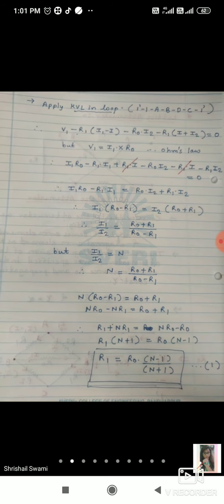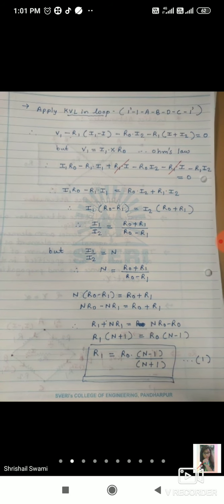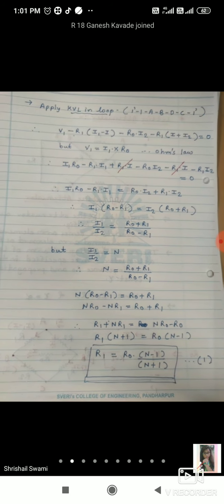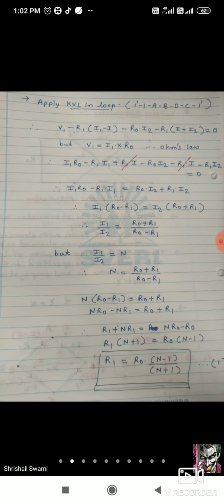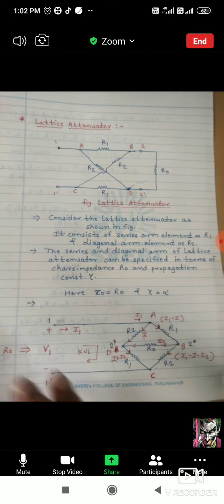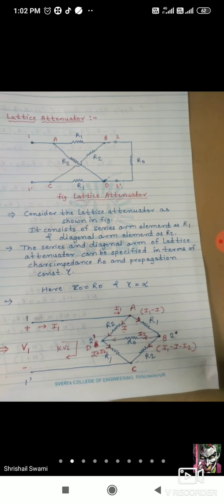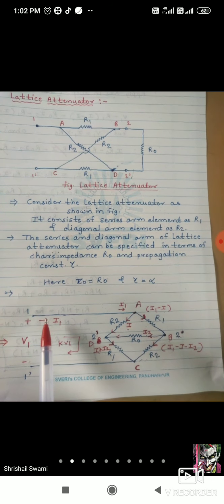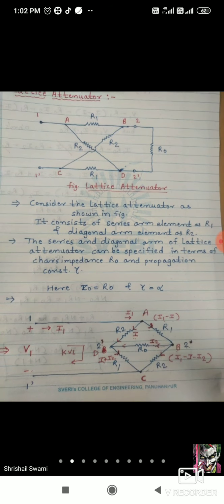How to get the expression of R2 now? So I will show the diagram once again. Now which was your KVL path? Which is the path you applied for getting R1, where R1 and R0 are there? You had selected that path.